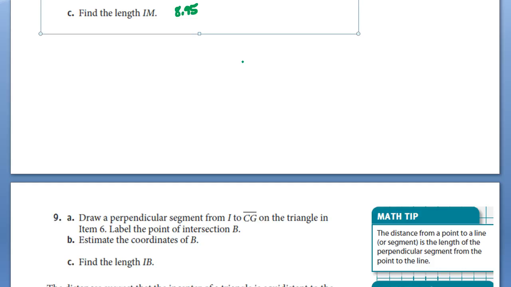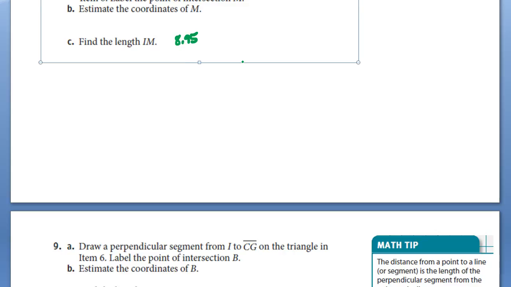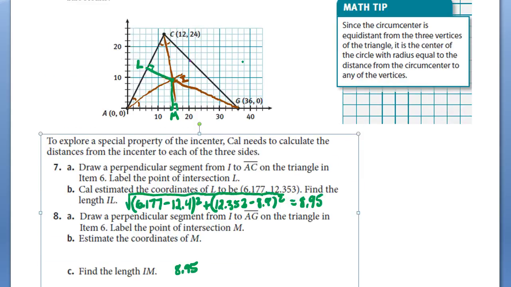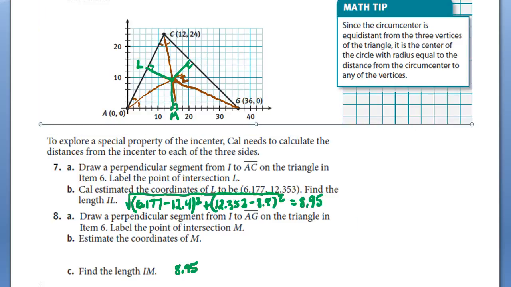Number 9, draw that final perpendicular bisector and label its point of intersection B. So we want to draw from this point up to that final side of the triangle, making sure that we strike it at a perfect 90-degree angle box. If we go up in the wrong direction, there wouldn't be a 90-degree angle there. Similarly, if we angle it too far down here, that's not 90 degrees.